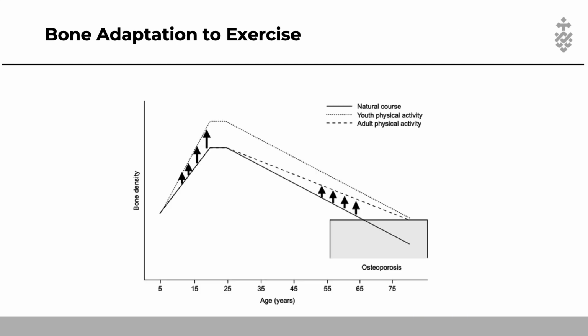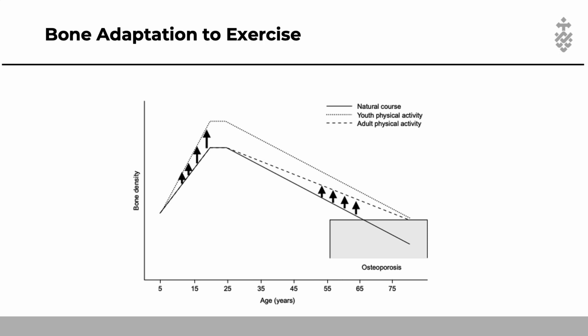And we can see here the typical bone adaptation across the lifespan. So in the solid line, we have the average trajectory. So an increase during childhood that results in that peak bone mass in our 20s or so. And then that's followed by a gradual decline in bone density in old age that can result in this osteoporosis.